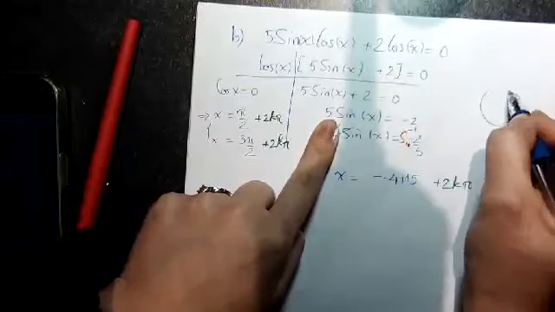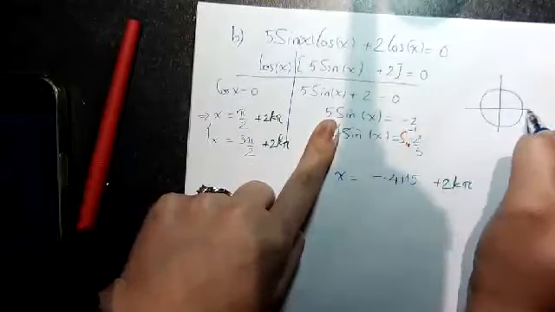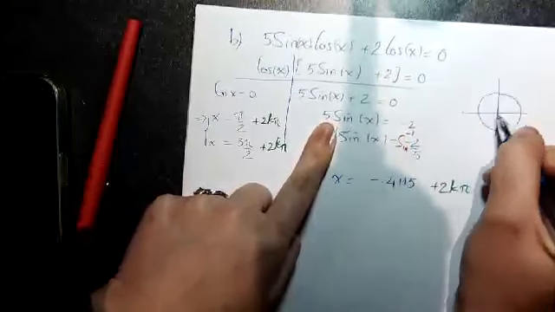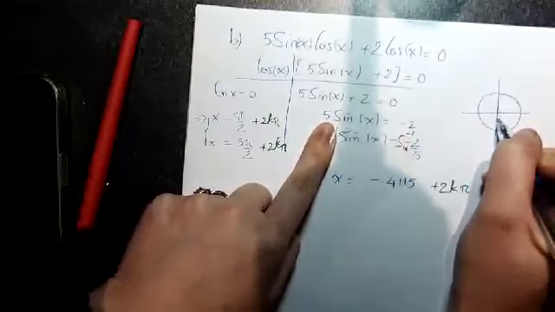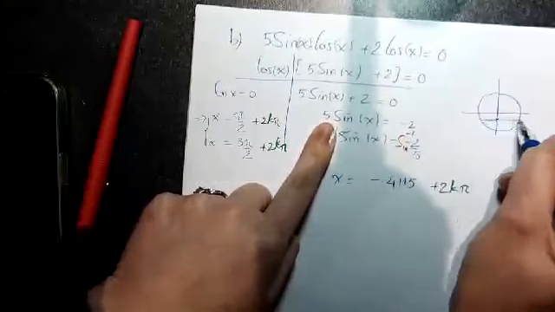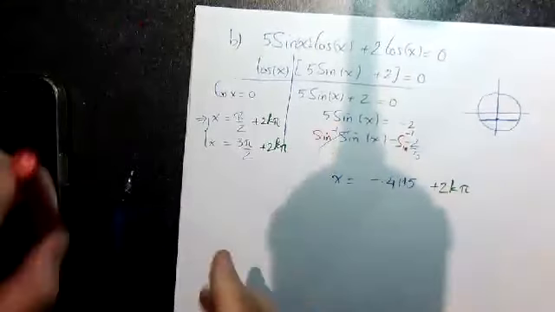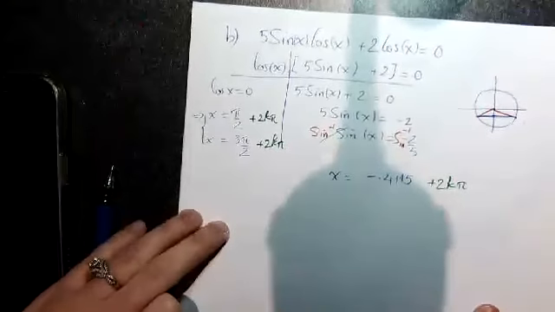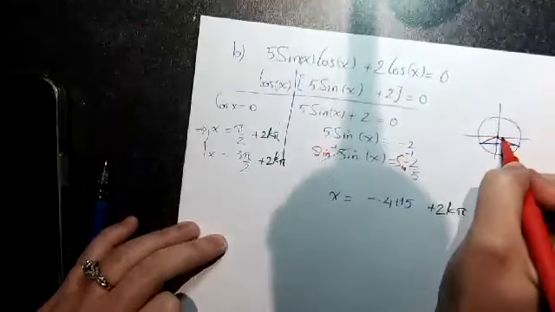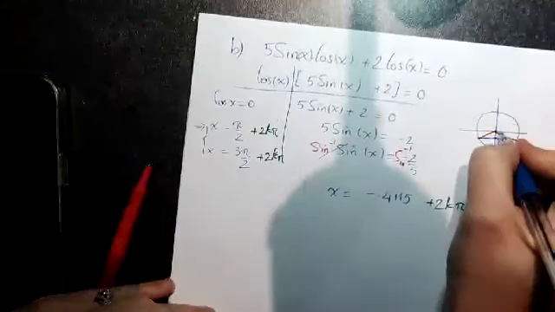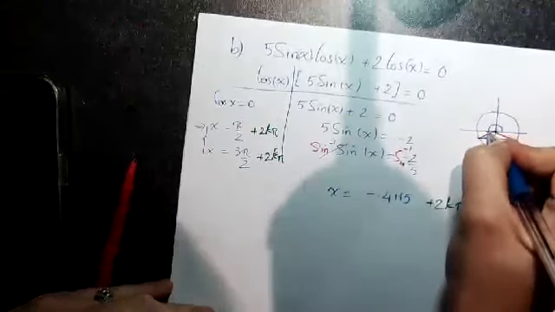What does it mean on the unit circle? Whatever the angle is, your outcome is negative 2 fifths. So negative 2 fifths is right here, right below. Remember what we do? Remember this? So one of them will be there to there.